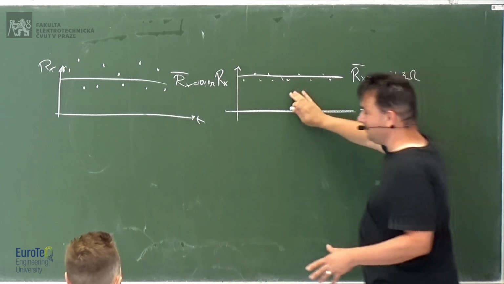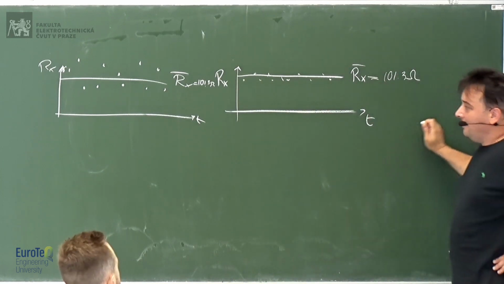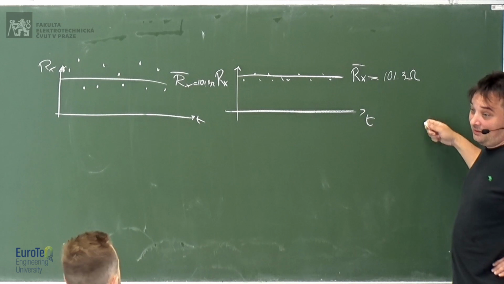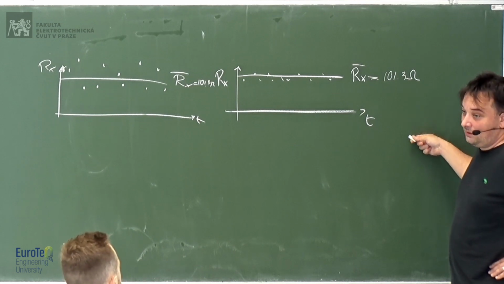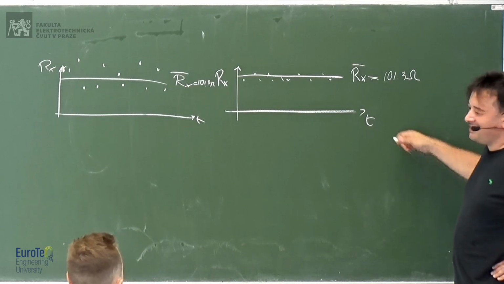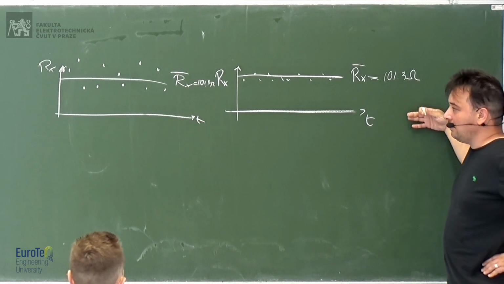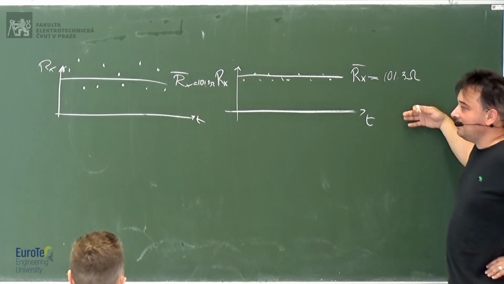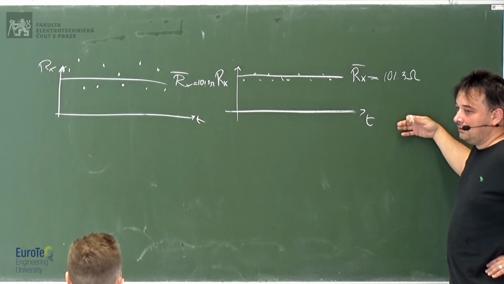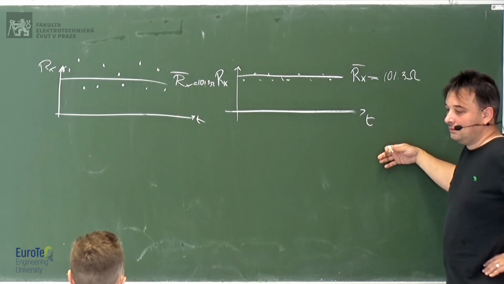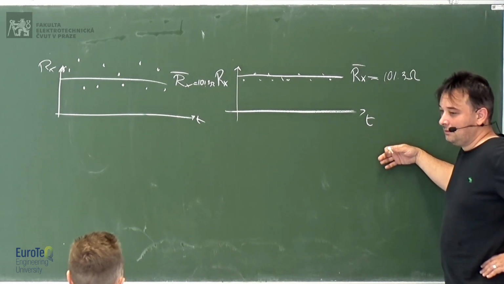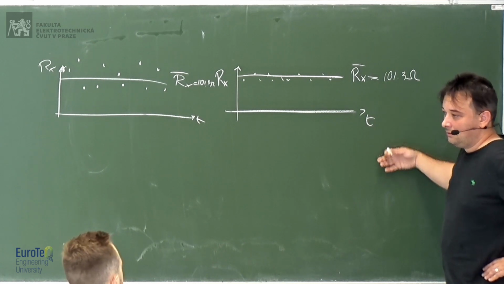This is a worse measurement than this one. So we have to quantify it. How do we do it? How do we quantify the scatter of the resistance around its average value? Some distribution property. What do you mean?